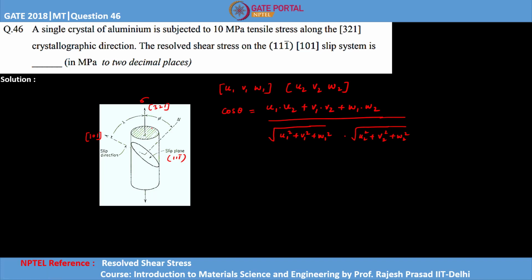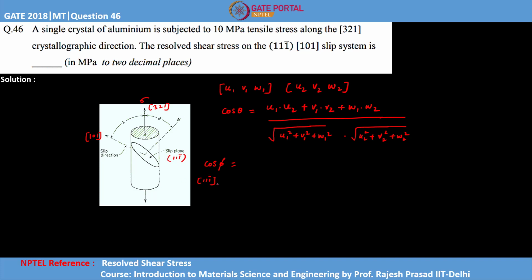In our case, first we will calculate cos phi and cos lambda. Cos phi is between the plane normal and the applied stress direction. For the plane (1 1 1 bar), the plane normal direction is [1 1 1 bar] only, since the indices of the plane are the same as those of the plane normal.